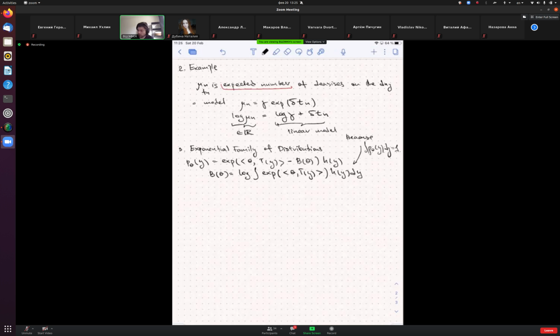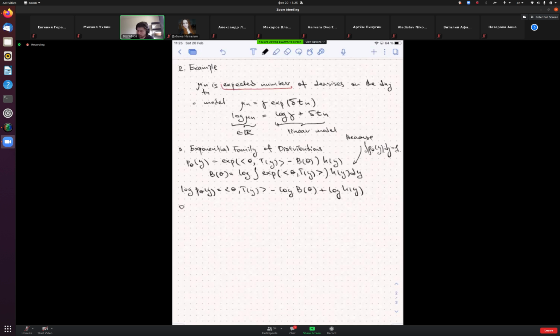Okay, so then what can we do? Let's take a look at the logarithm of this guy. It will be quite simple. So we have some linear term, minus the log of the normalization constant, plus the log of this guy.